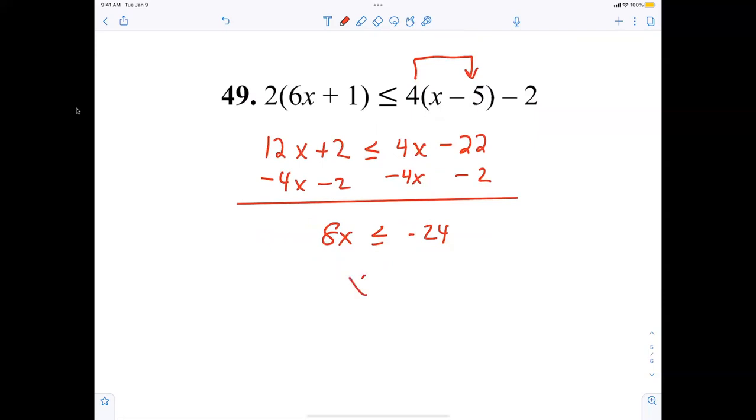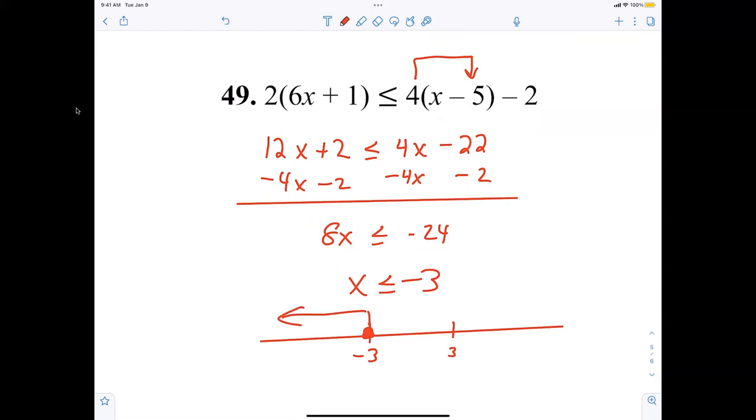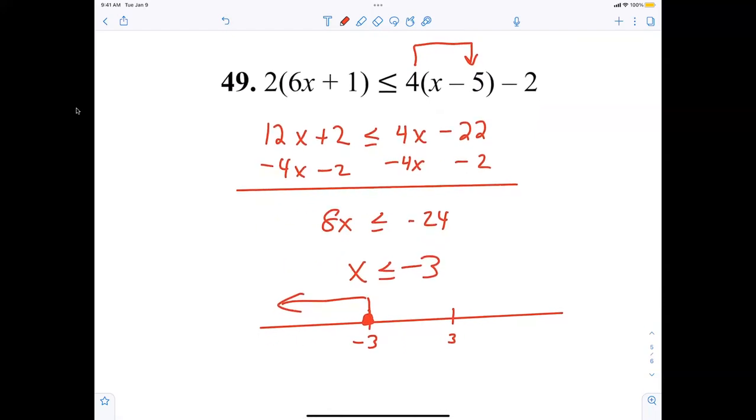Therefore, divide by 8. You get y is less than or equal to -3. Then you draw your number line, closed circle, at -3, going to the left. All right, very nice. Any questions with that?